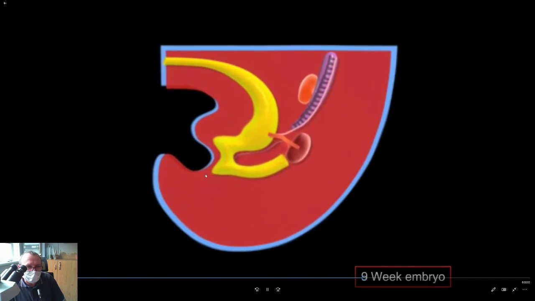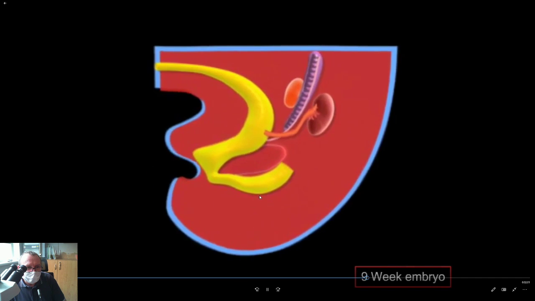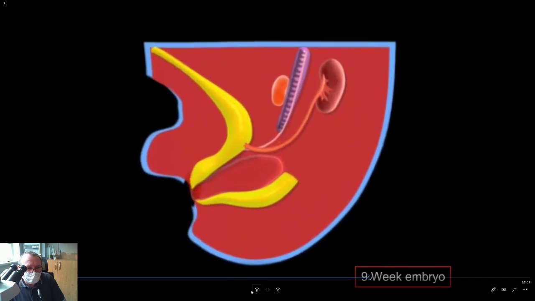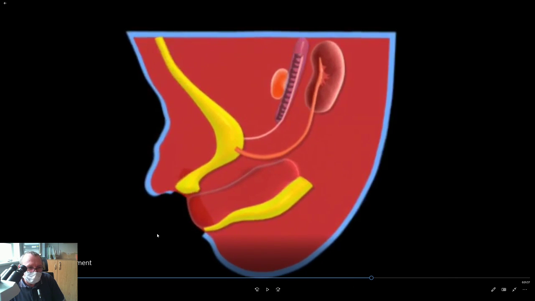There is still the cloacal membrane, but during formation of this urorectal septum, this cloacal membrane disappears, and both parts, that means the urogenital sinus and the anorectal canal or channel, are now open to the amniotic cavity. This happens at the end of the 7th or at the beginning of the 8th week of development.